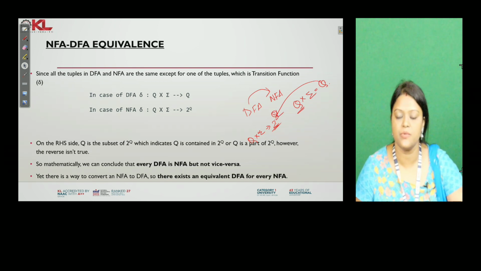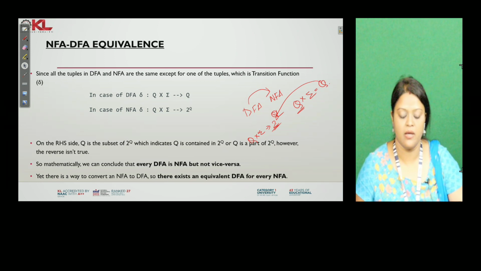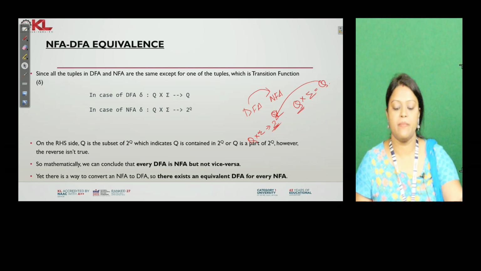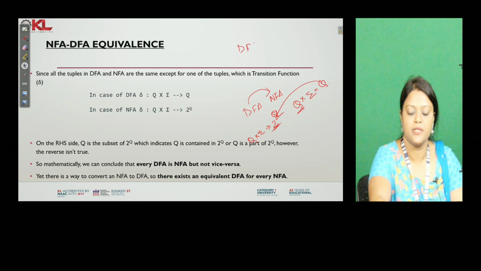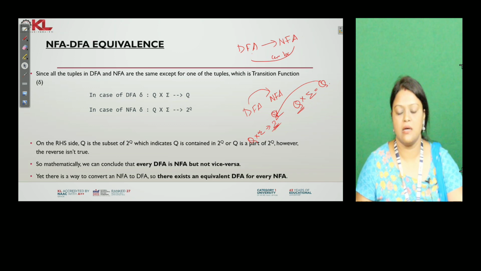That means a DFA is by default an NFA, and an NFA can be converted to a DFA. These are all logical machines only, and we can convert from each other, which means they have equal power.